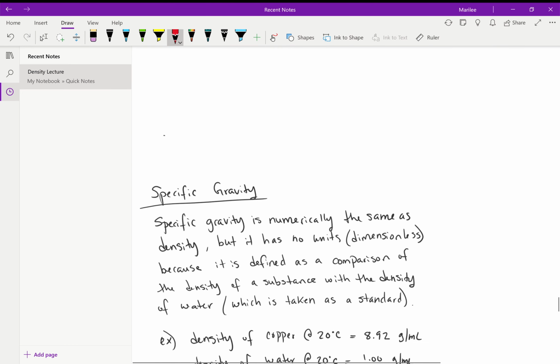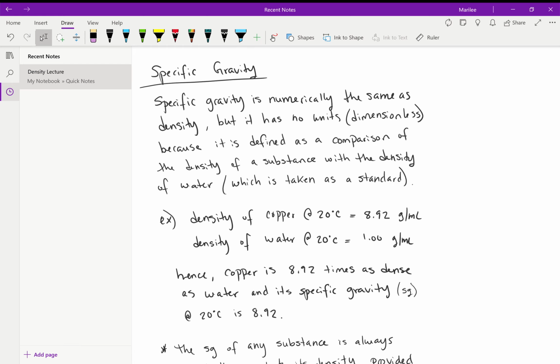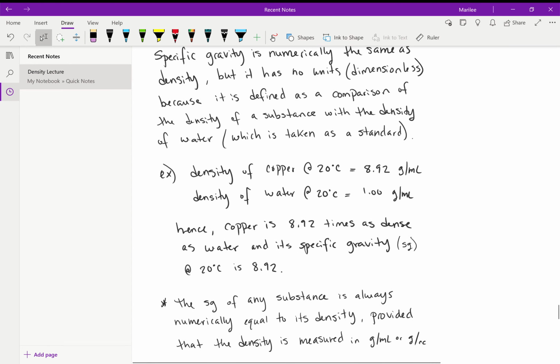Now let me go over specific gravity. Specific gravity is numerically the same as density, but it has no units, so it's dimensionless, because it is defined as a comparison of the density of a substance with the density of water, which is taken as a standard. So here's an example for you to understand better.